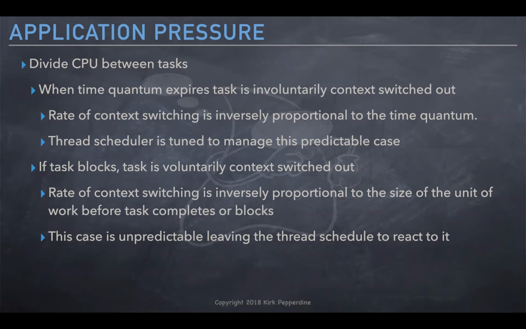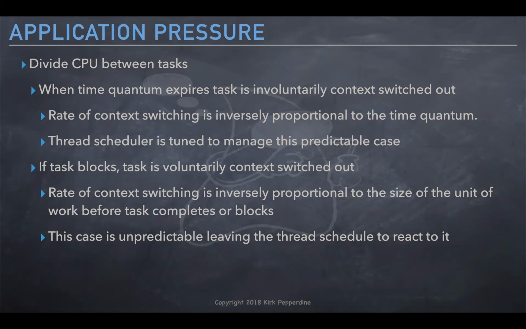If a task blocks or has a very short unit of work, then the task is going to voluntarily context switch out. So there's a difference here between involuntary, which means I've just used up my time quantum, or voluntary, meaning I've either blocked, so I'm not doing anything useful, or I don't have anything more to do.